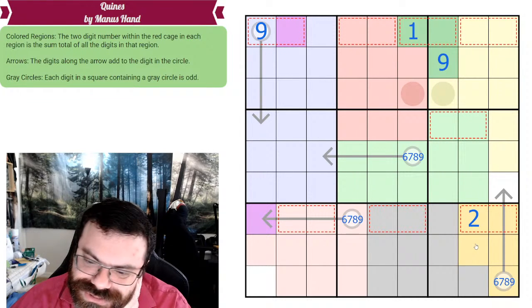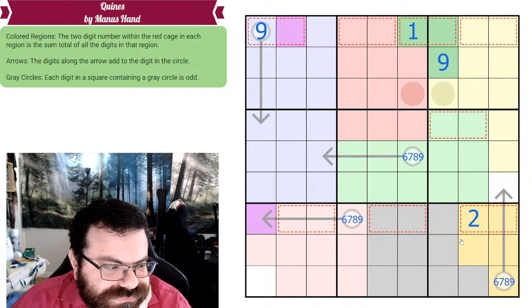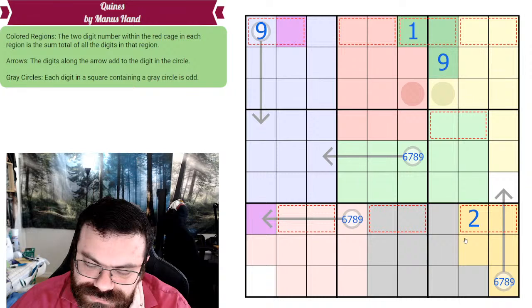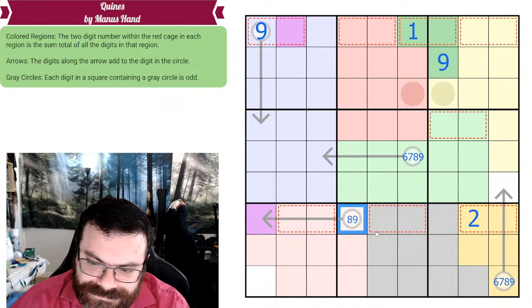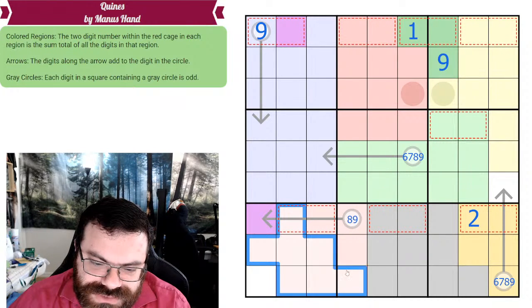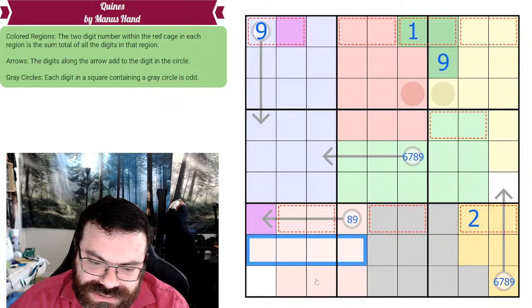That would work, unfortunately. So this doesn't contain a 2. So yes, it can't be 6 or 7. What can these add up to? Minimum, got 10 plus 6.